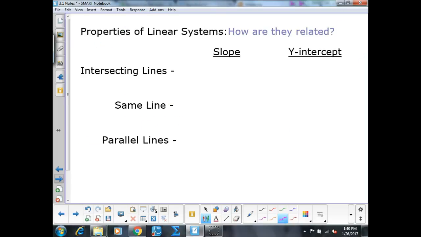So, if I'm looking at systems of equations, if my two lines are intersecting, what do I know about the slope? They're different. Yep. They have different slopes. What about the y-intercepts?